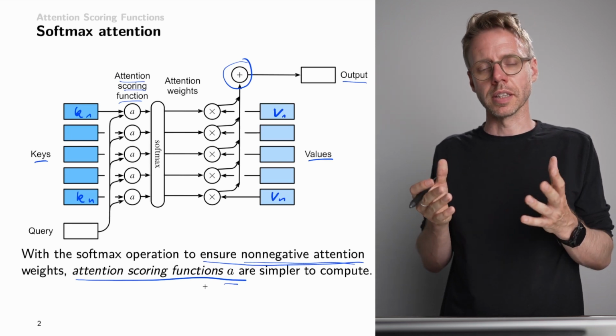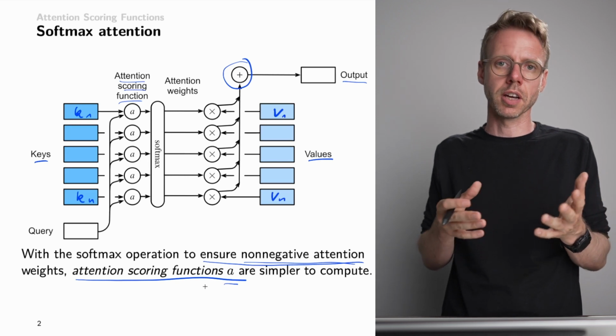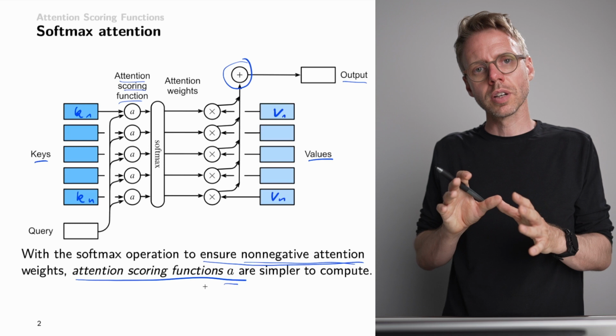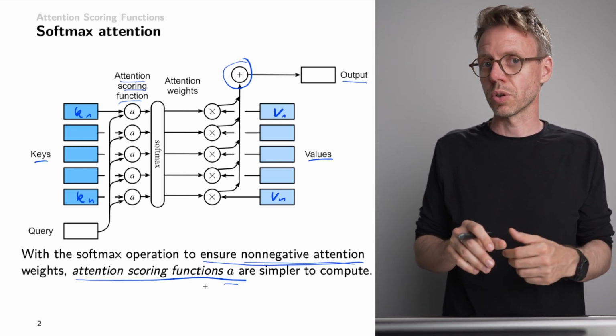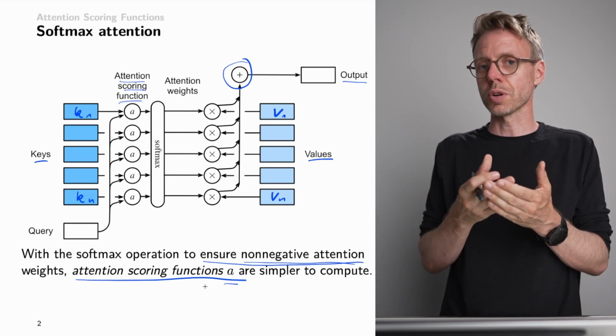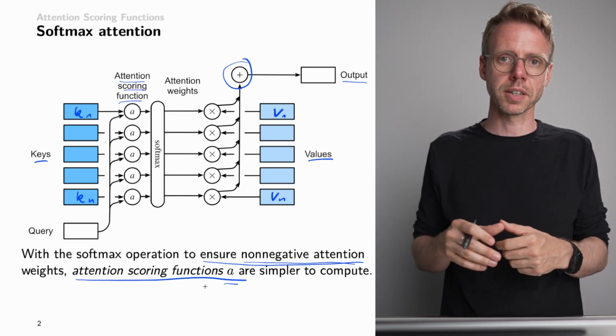Now, many of these distance-based kernels that we have looked at in the context of Nadaraya-Watson regression are relatively hard to compute. But let's look at why relatively simple functions such as just the dot product between the key and the query might be appropriate.